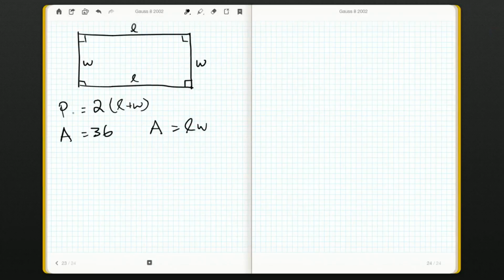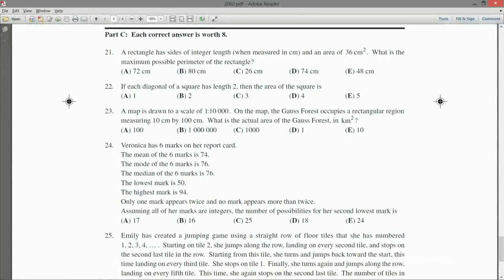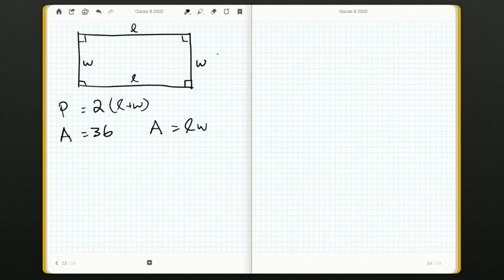Now we probably have a bunch of possibilities for L and W. And if we go back to the question, the sides all have integer length. So we're looking for L's and W's that are integers that give us a product of 36. And that is probably going to be a lot of them. And then we'll take each pair, L and W, and figure out which gives us the biggest perimeter.